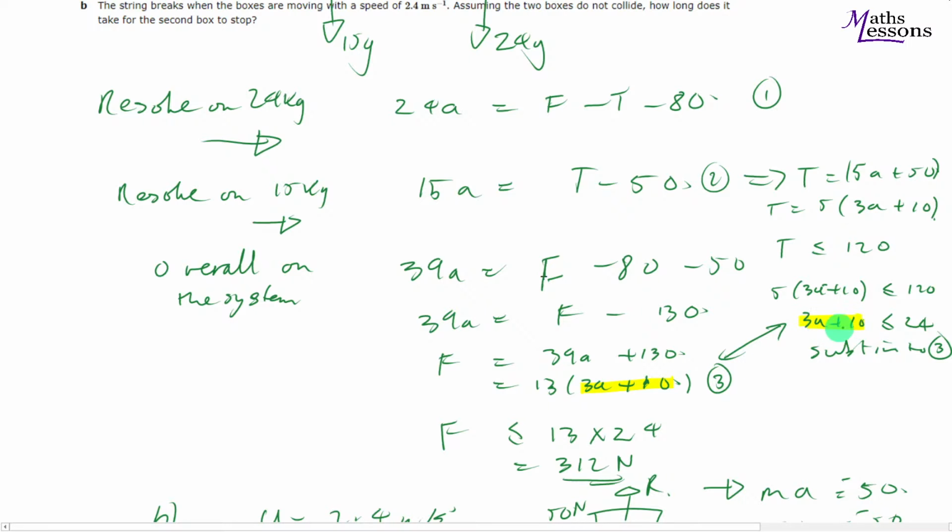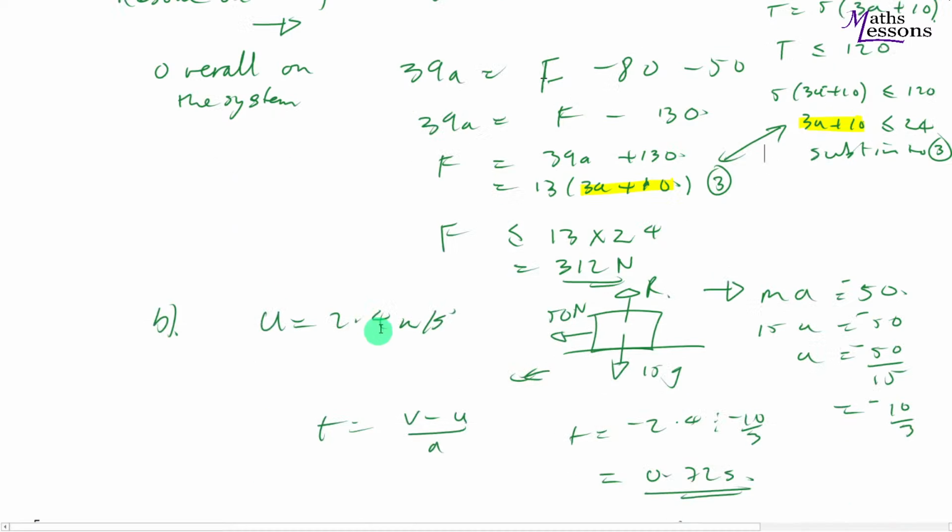But seeing there's a 3A plus 10 as a factor of both, it saved a little bit of time. We could have taken away 10, divided by 3, and substituted that in as well. So if you didn't like that little bit of factorization, finding A itself isn't a bad way of doing it, and then substituting it in and getting your 312 would also work.